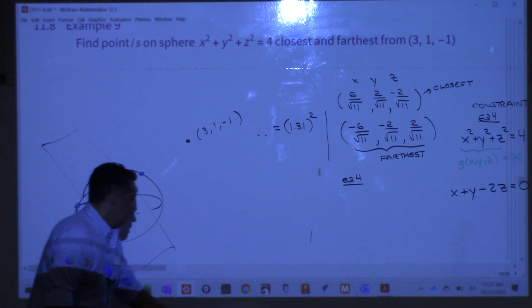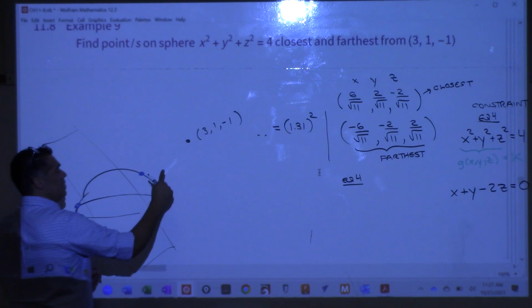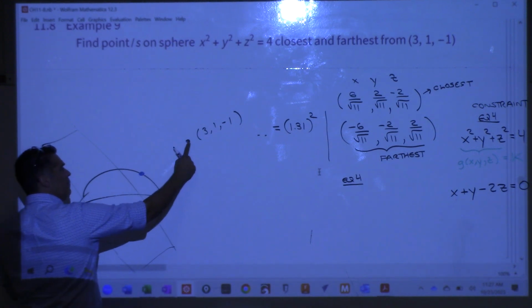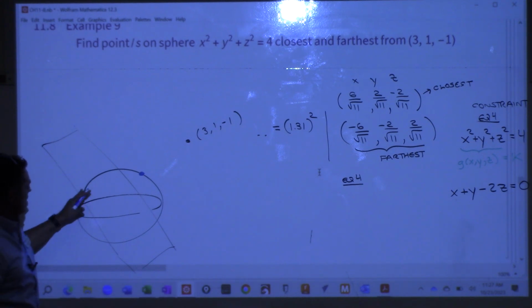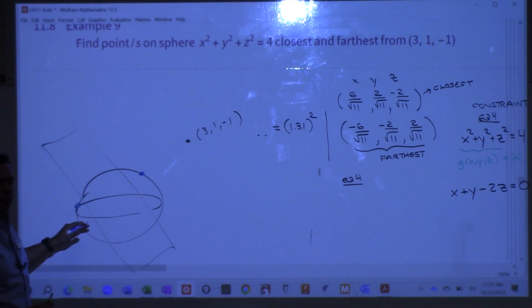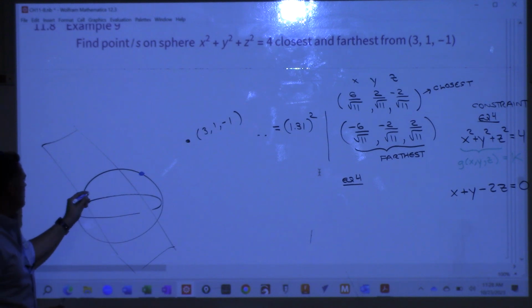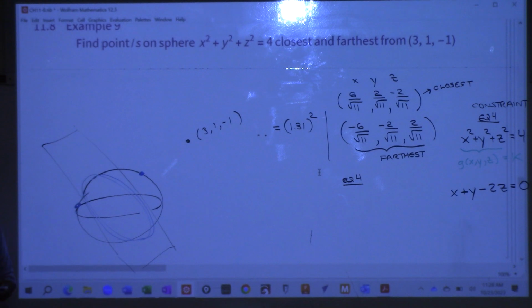Now, instead of finding the points closest and furthest away on the sphere, you're only allowed to look on the intersection of the plane and the sphere, which is going to be some weird shape, almost like a circle at an angle.